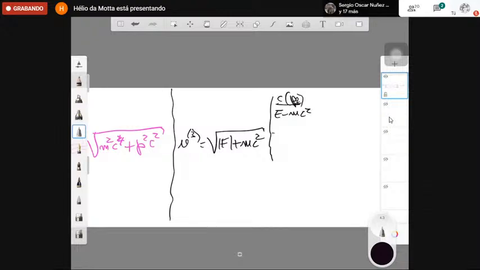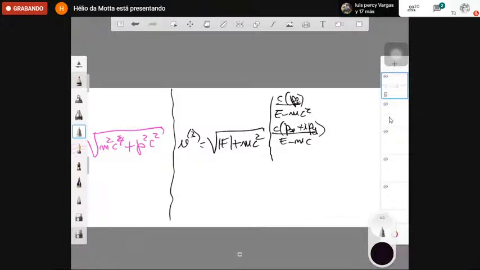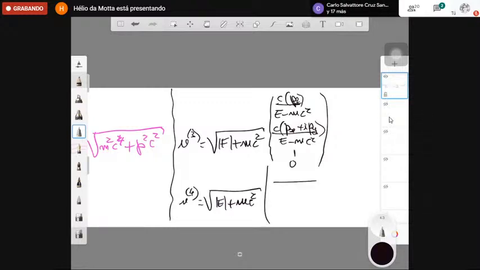And then we have c(px plus iPy), E minus mc squared, 1 and 0. And finally, we have the fourth one, mc squared, and this is going to be c(px minus iPy), E minus mc squared, and c minus pz, E minus mc squared, 0, 1.